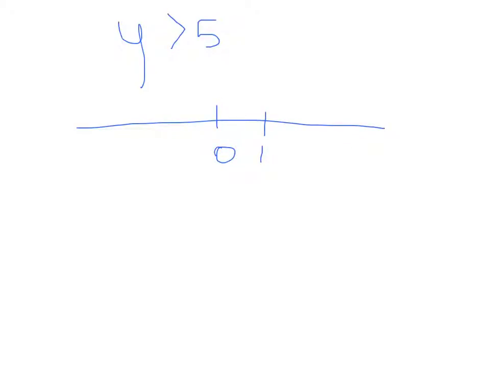Now I'm going to make a graph for y is greater than 5, and it's going to look like this. And here's the 0, 1, 2, 3, 4, 5, 6, 7.